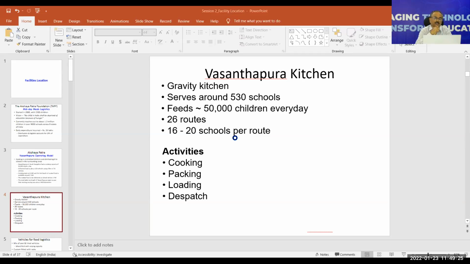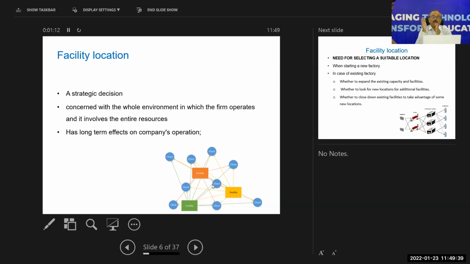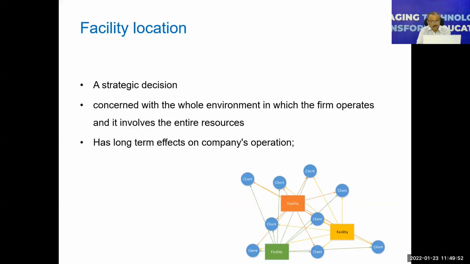Any facility location decision has a long-term effect on the company's operations. It's not a decision where you locate the facility, use it for the next 1 or 2 years, and then change it to some other location. So facility location is a very critical decision.